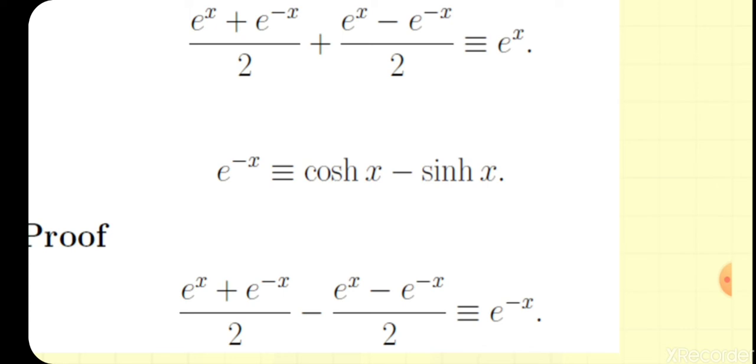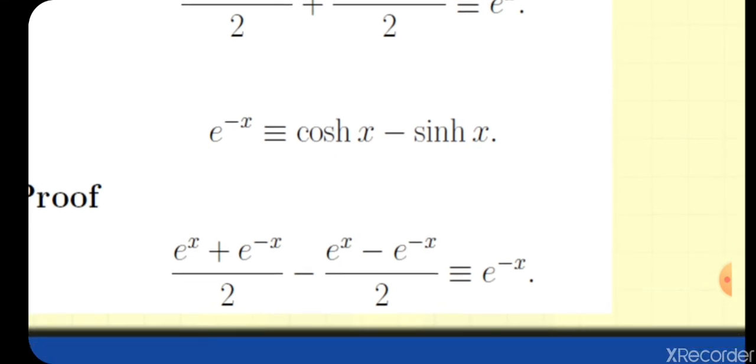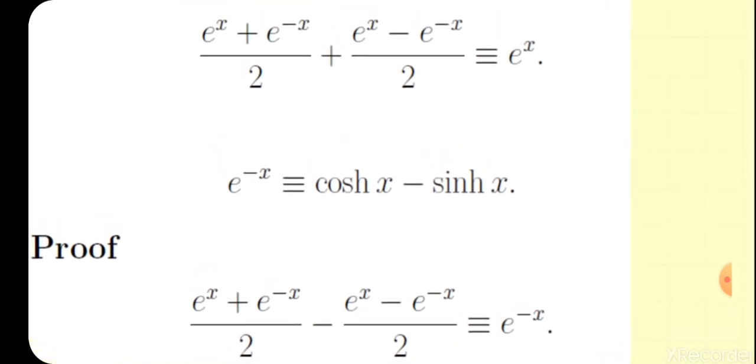So here we have e to the power x minus e to the power x equals 0, and e to the power negative x minus negative e to the power negative x equals 2 e to the power negative x. So we have 2 e to the power negative x over 2. The final answer is e to the power negative x here.